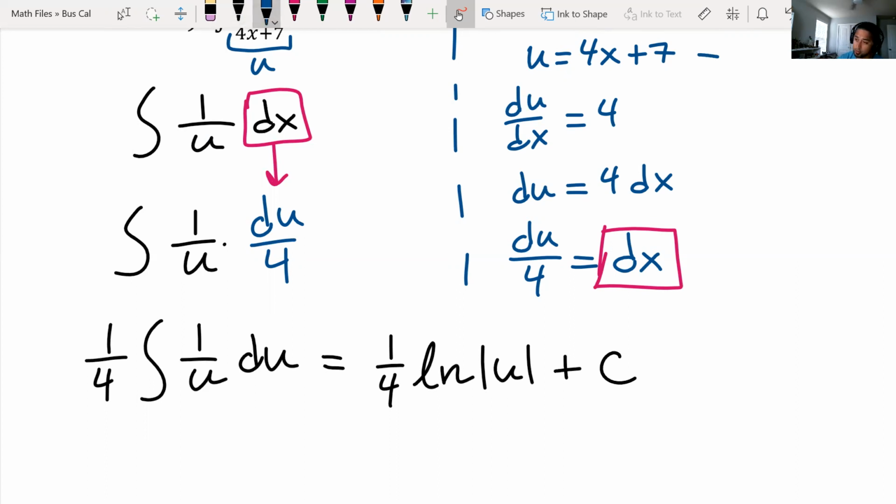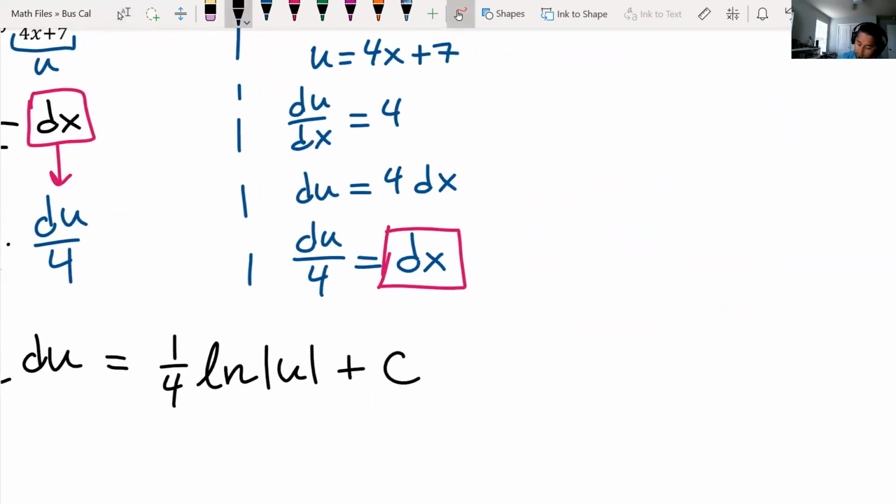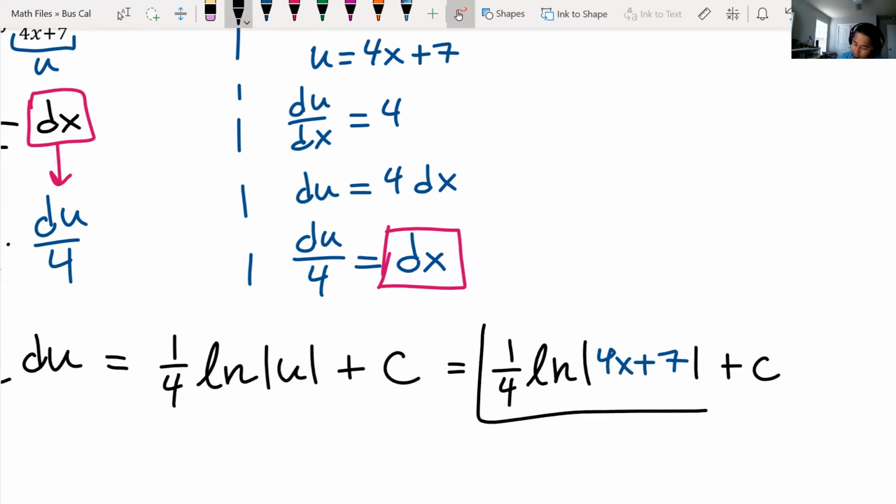So 4x plus 7 is going back in for u, and then we're done. So you get 1/4 times the natural log of the absolute value of 4x plus 7, plus c. There we go.